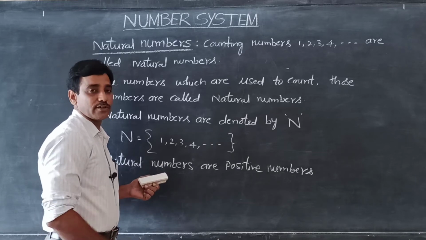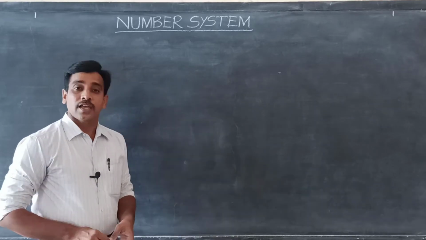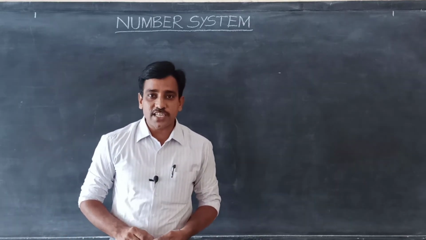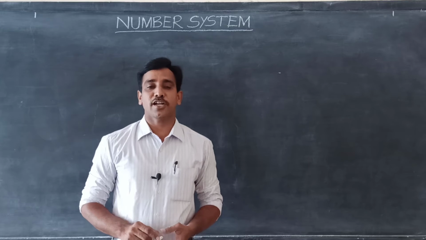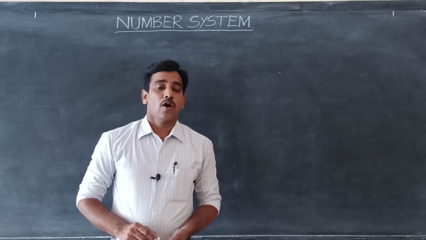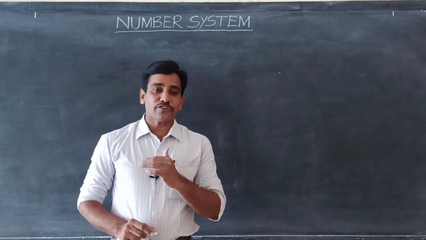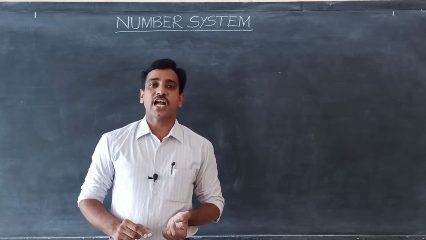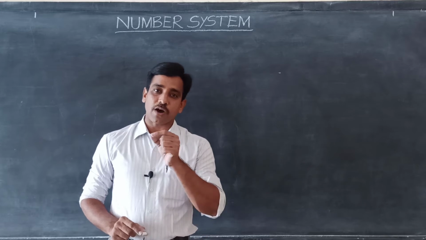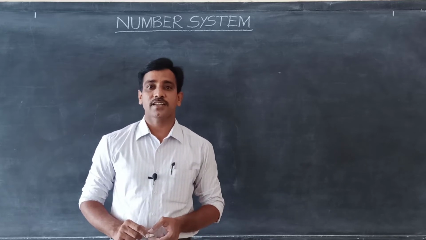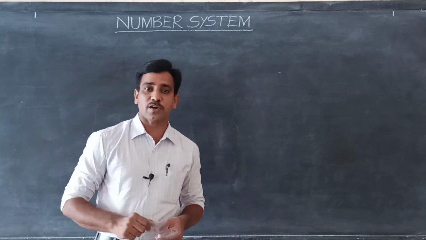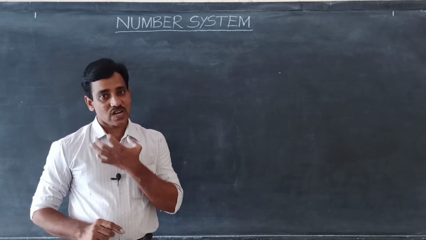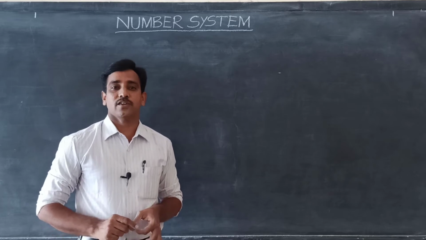Listen carefully. Okay, students, in natural numbers, what is the smallest natural number? We know that natural numbers start from 1, 2, 3, 4 and so on. So it starts from 1. So 1 is the smallest natural number. But what about the largest natural number? We can't define it.